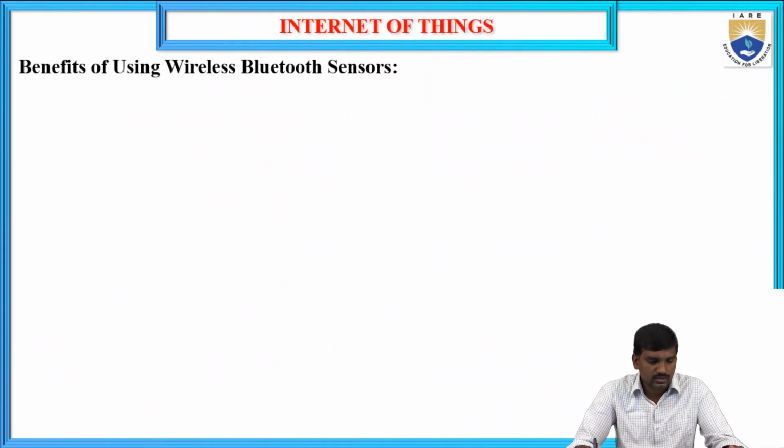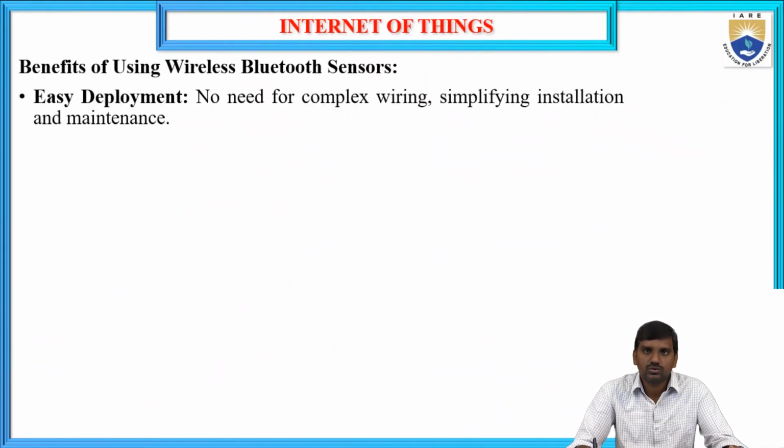And the benefits of using wireless Bluetooth sensors. The first one is easy deployment. No need for complex wiring, simplifying installation and maintenance. For example, nowadays we use wireless Bluetooth for listening to songs and speaking with another person through the phone.